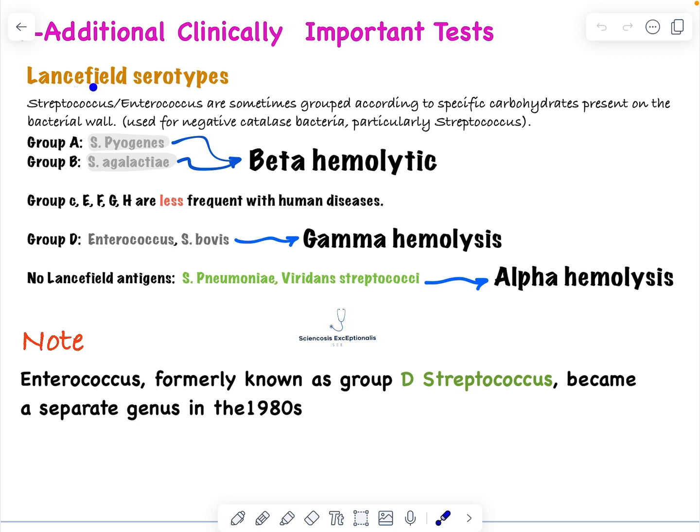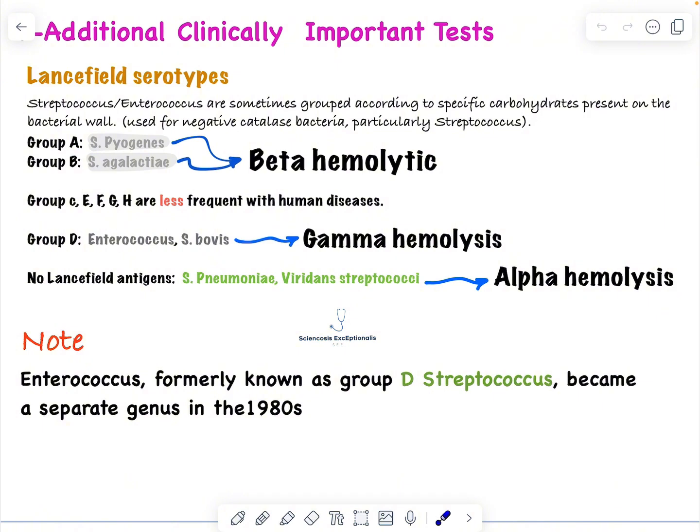Here we have another test other than the hemolysis test to differentiate the streptococci or enterococci, and it is based on the presence of specific carbohydrates on the bacterial cell wall. According to the presence of these specific carbohydrates, the streptococci are classified into groups.